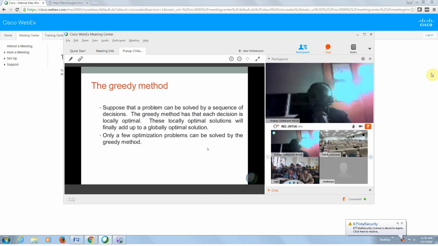That is where you basically use the greedy method. In the process, you are trying to optimize locally, meaning in your immediate vicinity. And the hope is all these local optimal solutions will finally add up to a global optimal solution. That is the hope.